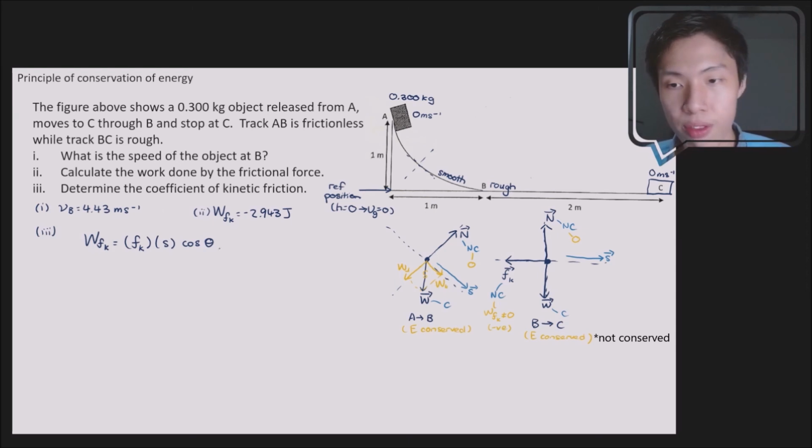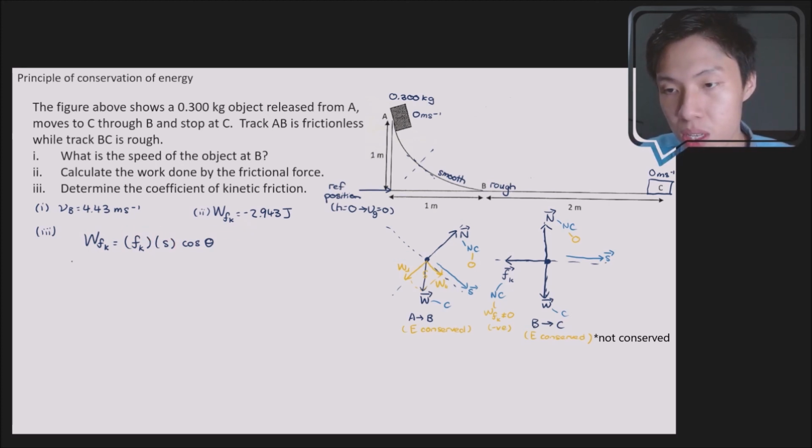We do have the magnitude of the displacement, we have the angle, and we also have the work done by kinetic friction. What we don't have is just the magnitude of kinetic friction, so what we do now will allow us to determine it.